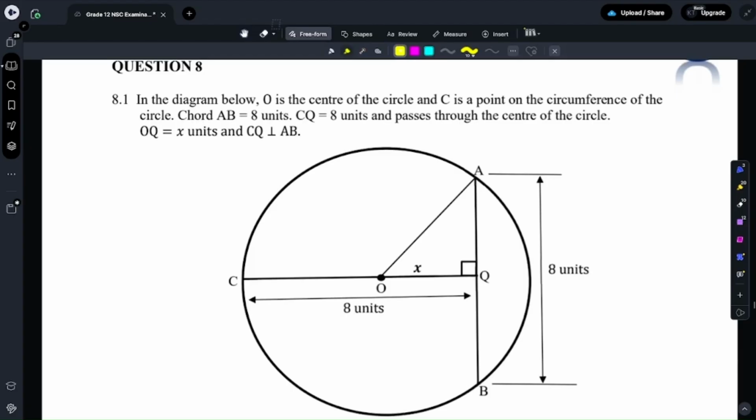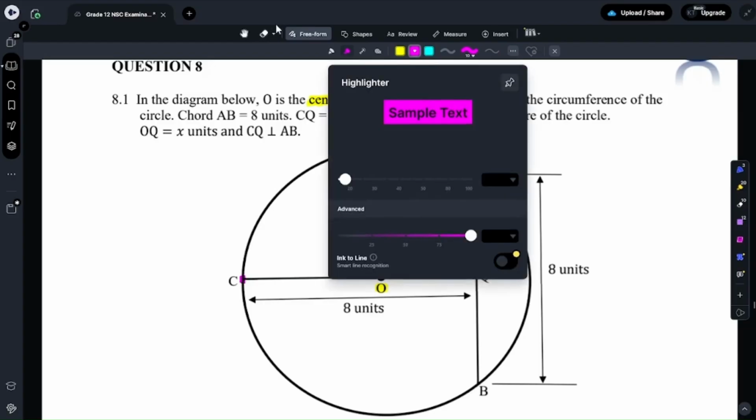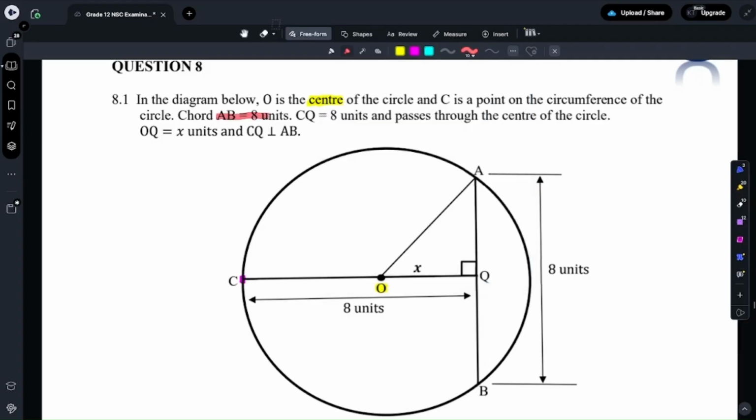So we've got a center O, right? Then they've also told us that C is a point on the circumference of the circle. We are given that AB is equal to 8 units.